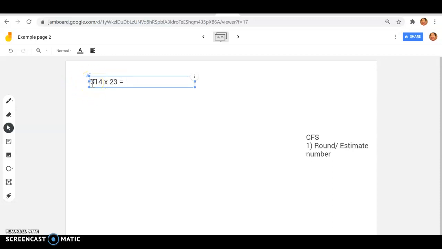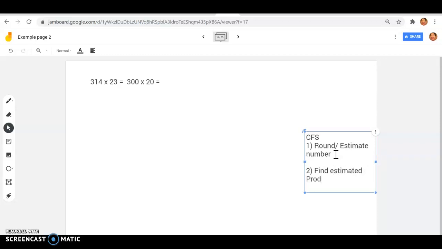We're going to be rounding that 3, so we're going to be using the 1 to round. 5 or more raise the score, 4 or less let it rest. We have 300. And then we're going to round 23, which is going to be 20. Then we're going to take those numbers and find our estimated product.